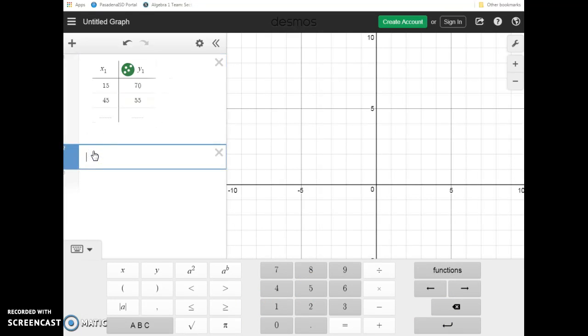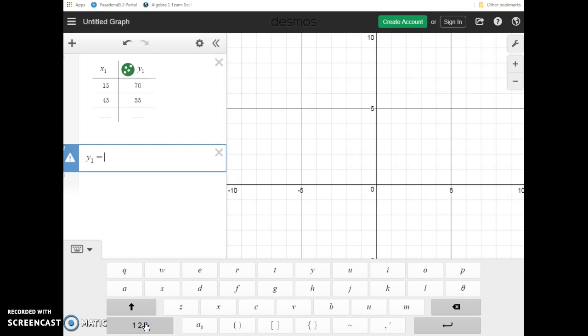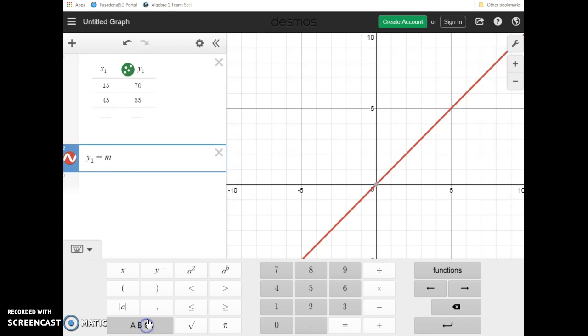And you add your equation, y1 equals mx1 plus b.